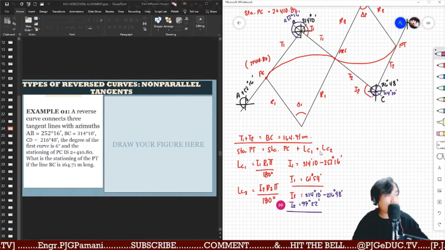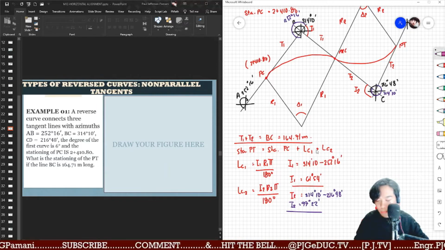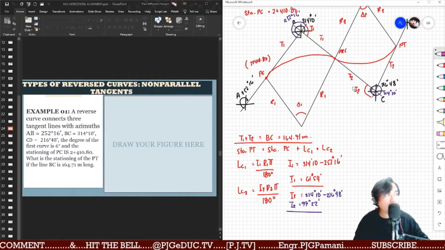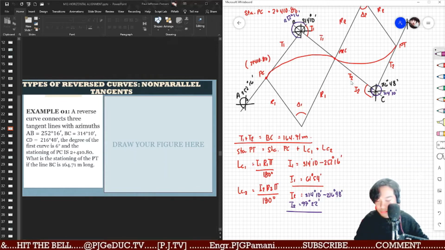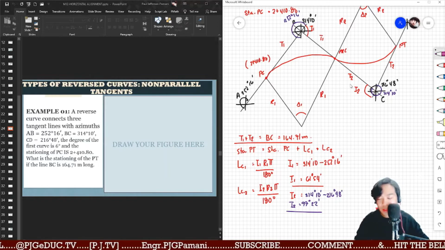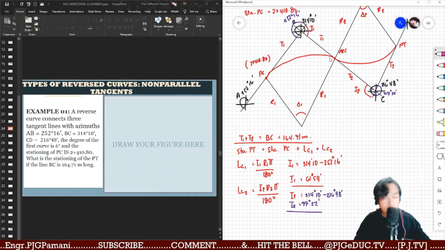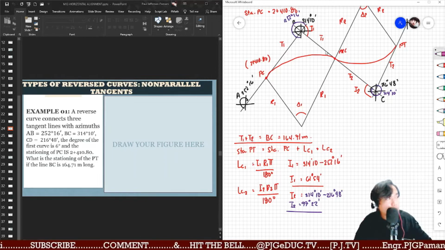So just like what we did from last meeting for the compound curve in solving T1 and T2, given our common tangent, we already have I1 and I2, but we don't have radius 1 and radius 2.